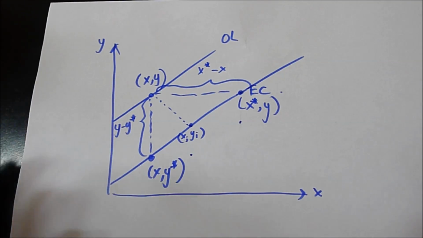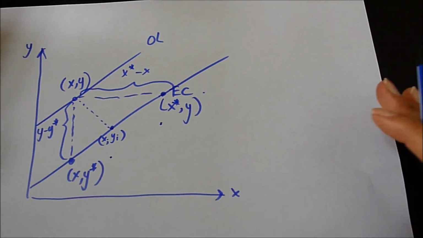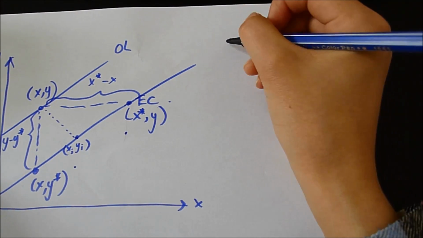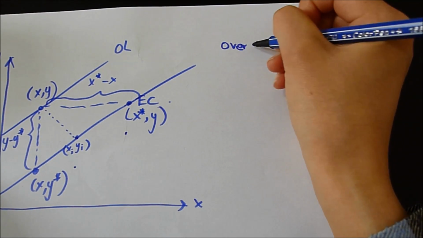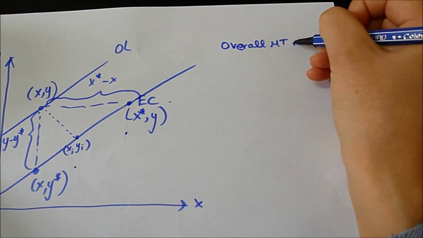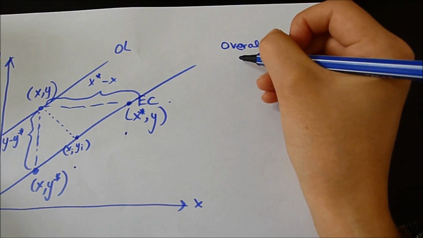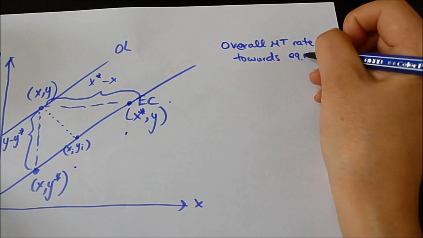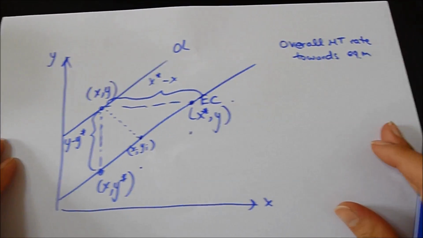So in order to write down the overall mass transfer rate towards equilibrium, we need to use this graph.